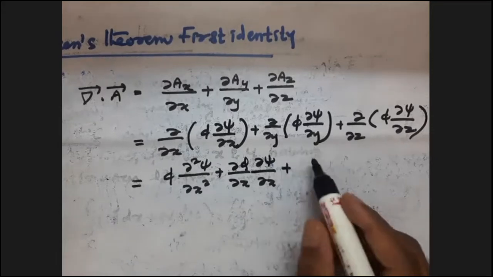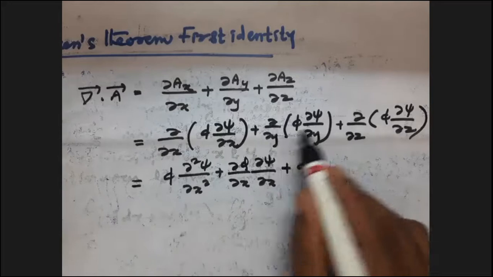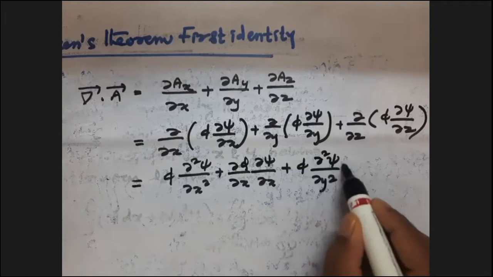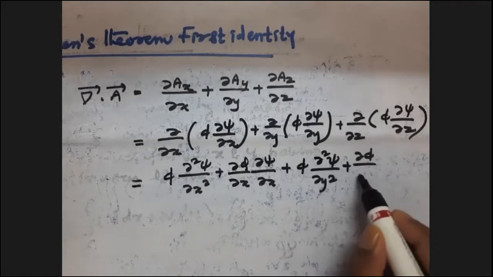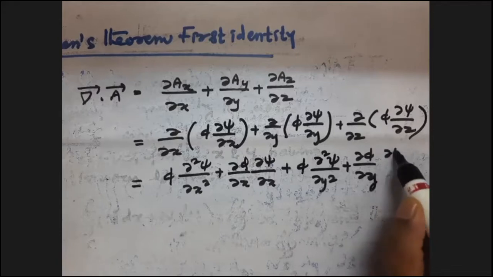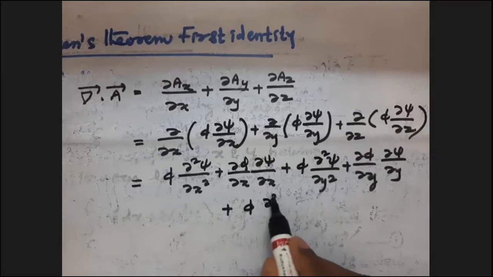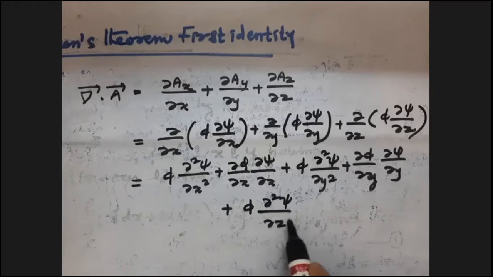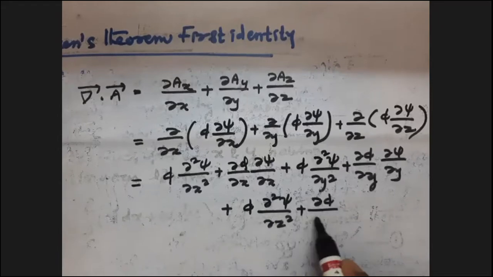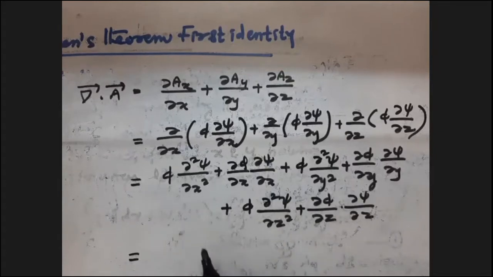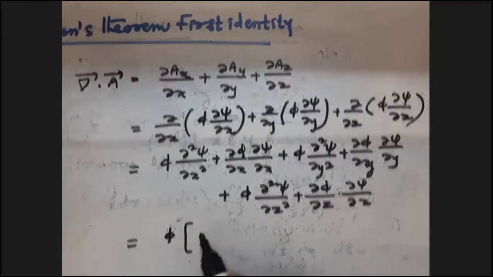Plus here also the UV method: phi taking constant, dou square psi by dou y square plus dou phi by dou y, dou psi by dou y, plus phi into dou square psi by dou z square plus dou phi by dou z into dou psi by dou z. Okay, first the second order terms you write, first phi taking common, right?